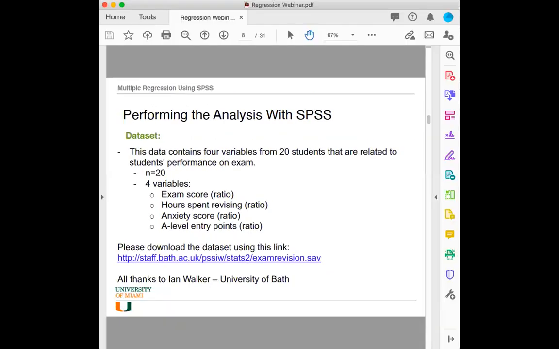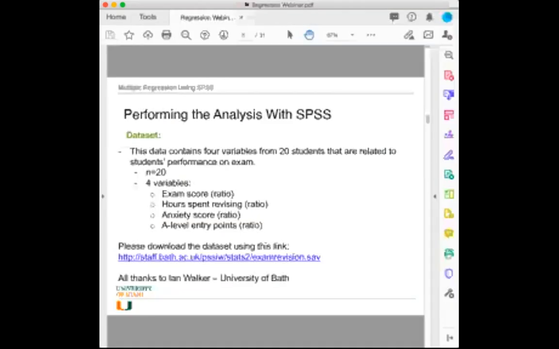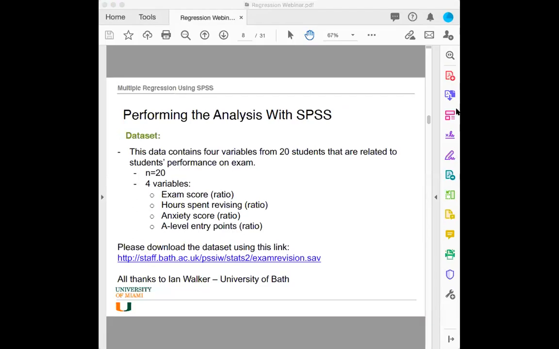If you downloaded the data set, you should be able to open it in SPSS. And you can see that there are 4 variables from 20 students that are related to their performance on an exam. The first variable is the score, which is the exam score, as you can see from the labels here.